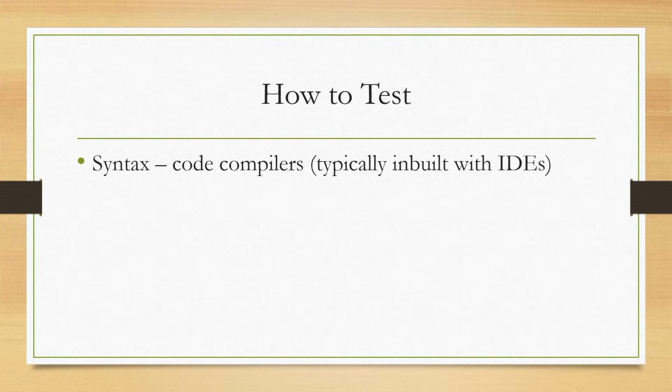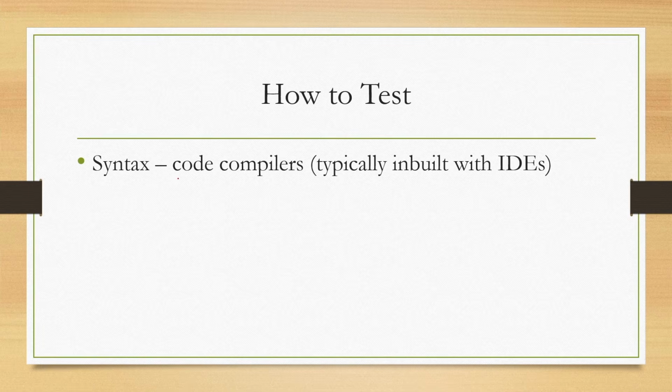So, once we know the reasons, the next thing that comes to our mind is how we can test our code keeping in mind these three objectives. First one is syntactical correctness. How can we check for syntax of the code, whether the code syntax is correct or not, whether we have written the code correctly or not?